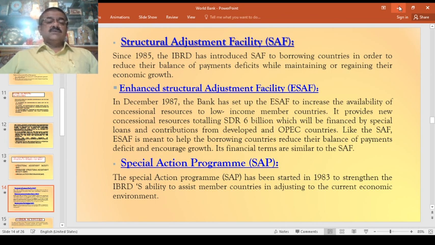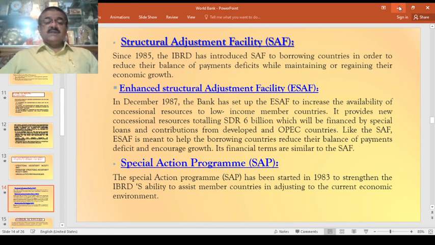It provides new concessional resources totaling SDR 6 billion, which will be financed by special loans and contributions from developed and OPEC countries. Like the SAF, ESAF is meant to help the borrowing countries reduce their balance of payments deficit and encourage growth. Its financial terms are similar to the SAF.